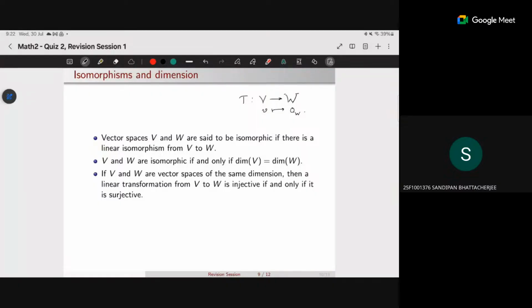I was reading this book by Hoffman and Kunze. They were writing this very colloquially, that up to some isomorphism, this is fine and so on.